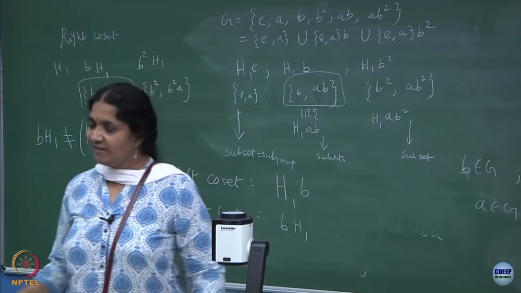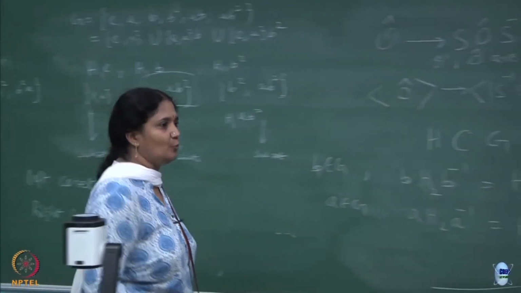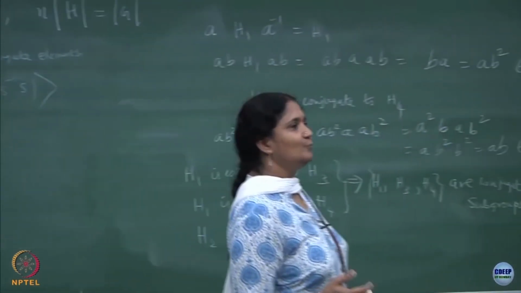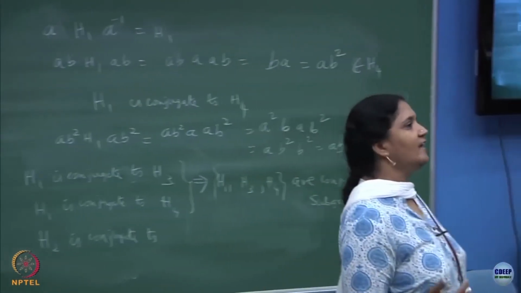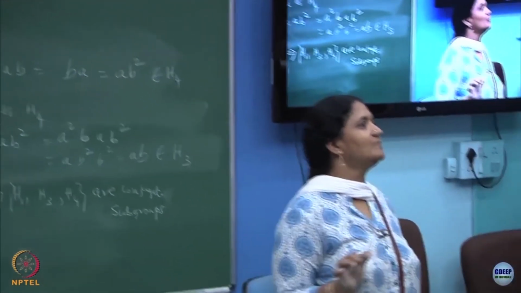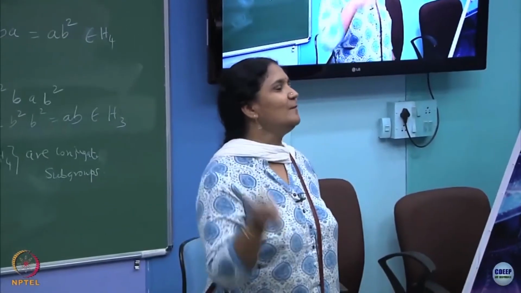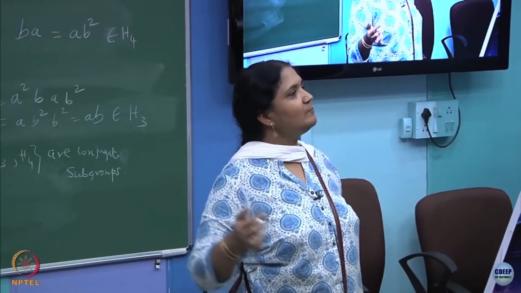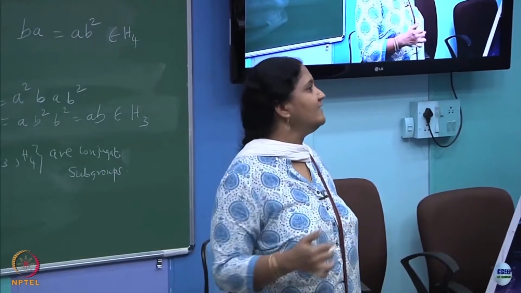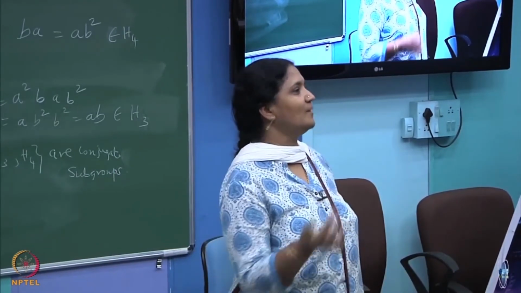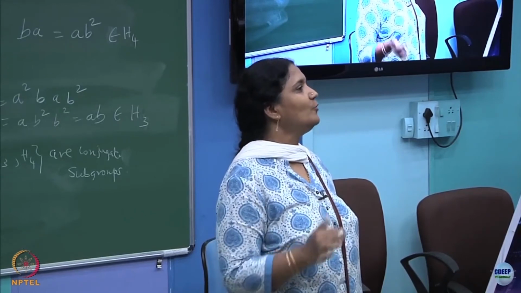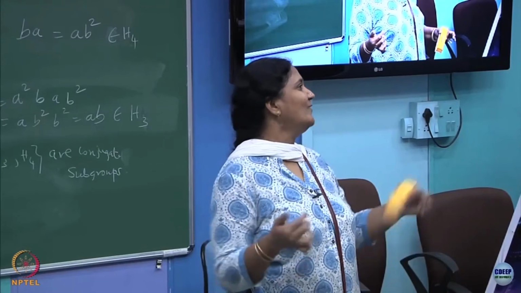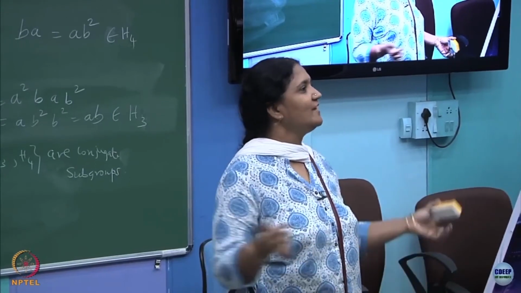This is also another way of generating the subgroups. You do not need to worry. If you see an order 2 element and an order 3 element, you write those two as subgroups and then start doing similarity transformation. Take the H1 element, multiply with B, H1 B, and see whether you get a new subgroup. That subgroup will be conjugate to H1 and then you can find the conjugate subgroups.